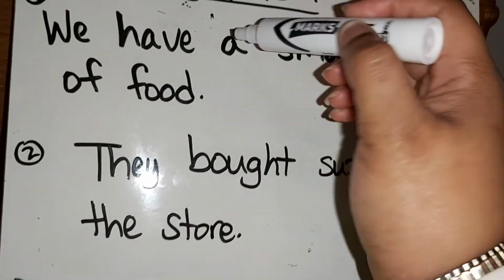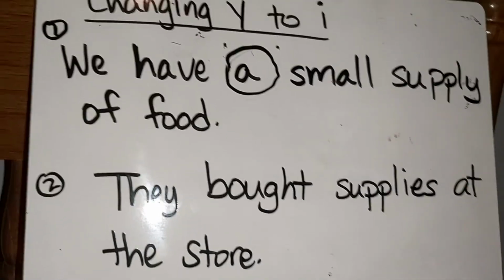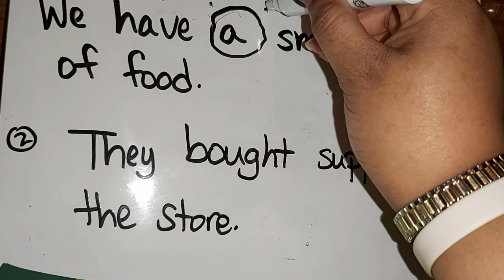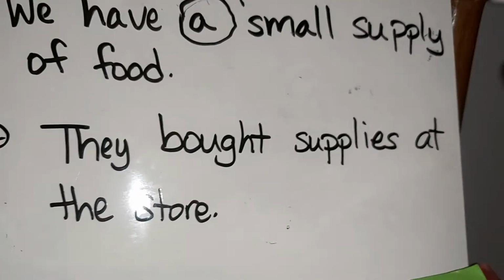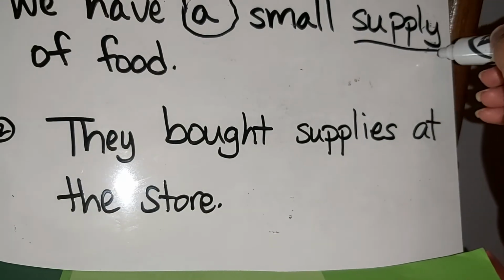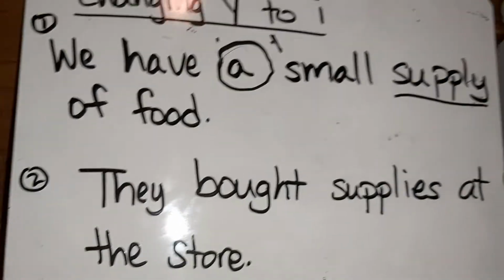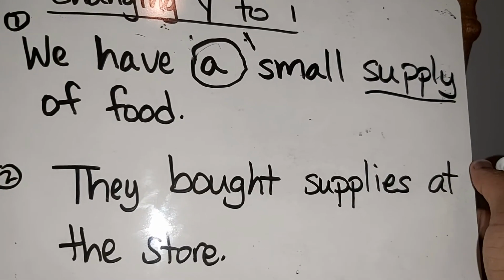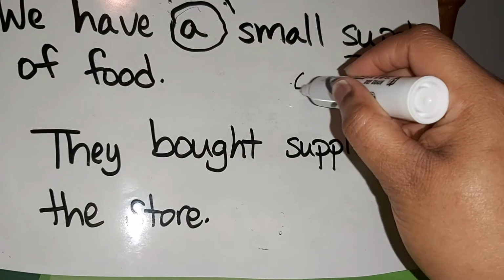Our clue word here is A. A means one. So when we look at our noun here, supply, it doesn't change. Okay. So this is singular.